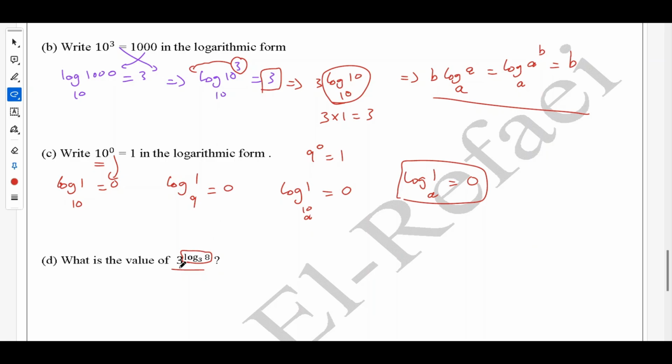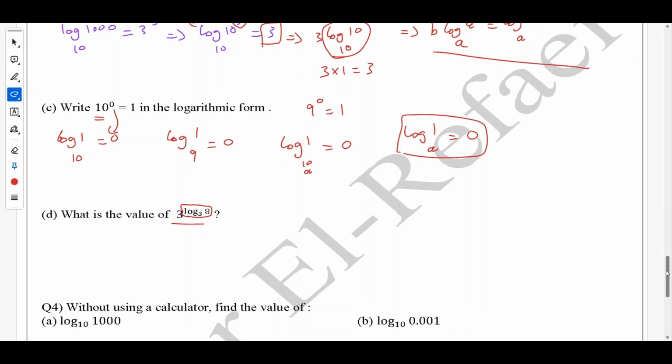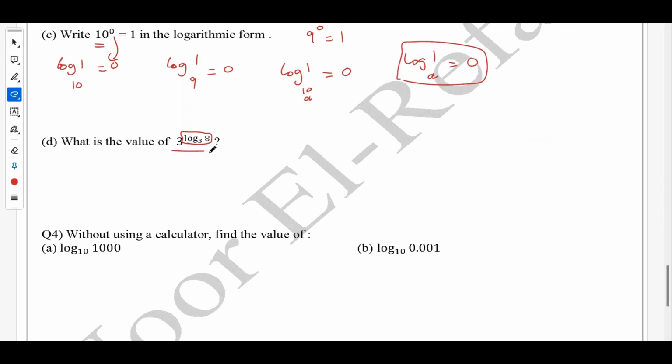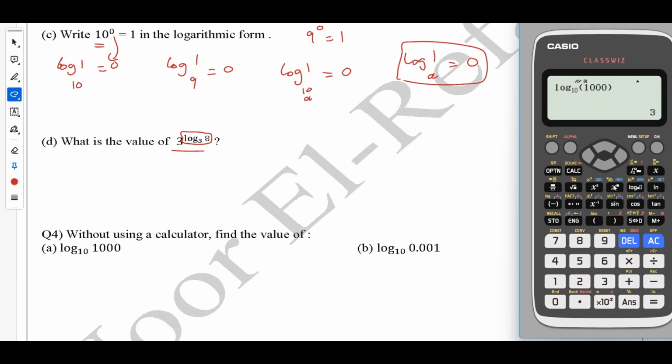This is 3 to the power log 8 to the base 3. I'm talking about what is the value of it. Now I'm going to use the calculator. 3 to the power log 3 of 8 equals 8.